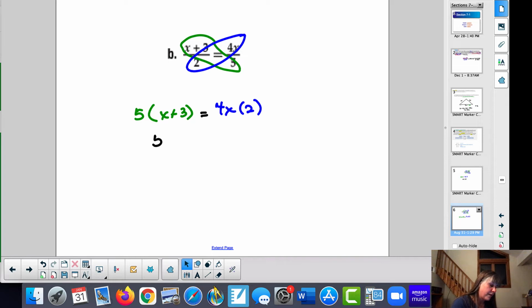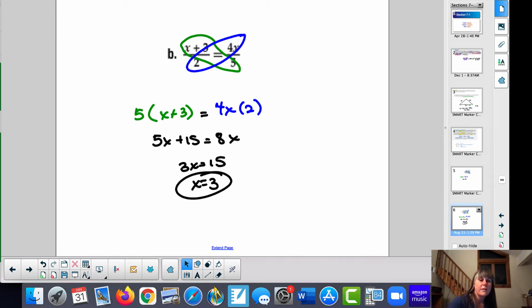So I get 5x plus 15 equals 8x. 3x equals 15, so x equals 3. And again, once I get what x is, I have solved the proportion. I don't have to plug that back in and make those equal ratios unless I want to check to make sure that it works.